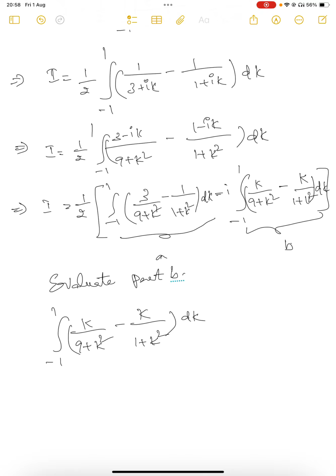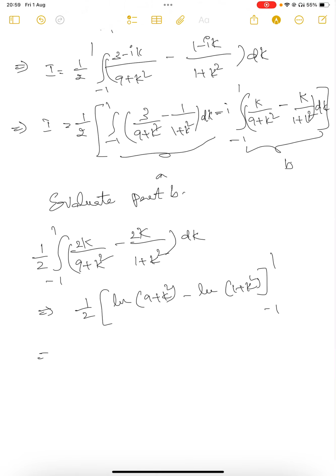This looks like f dash of x by f of x, right? Just multiply the numerator by 2 and divide by 2. Then the formula is 1 by 2 of f dash of x by f of x is ln of f of x: ln of 9 plus k squared minus ln of 1 plus k squared. Integral limits are minus 1 to 1.